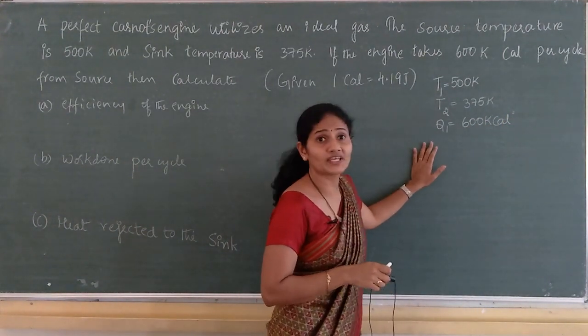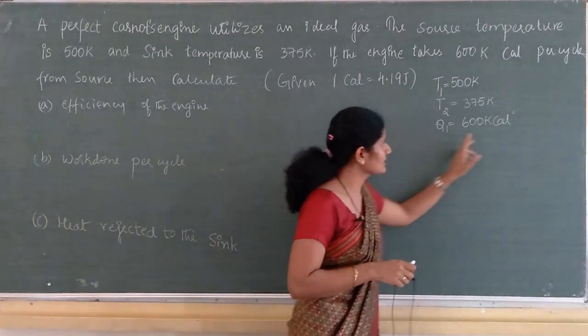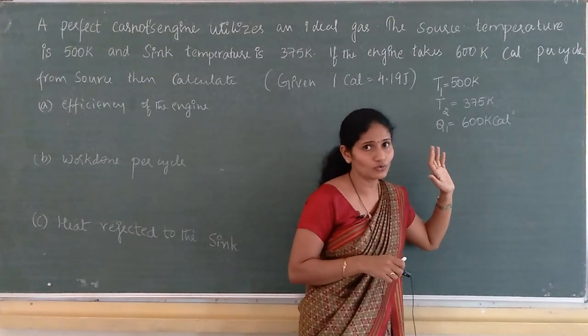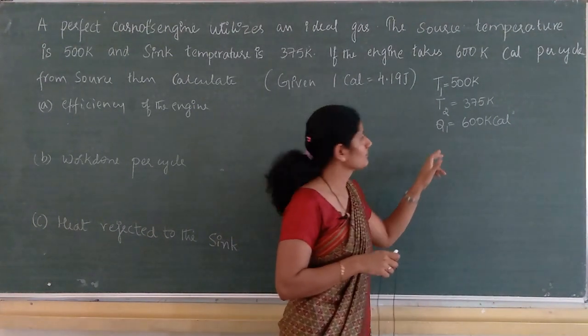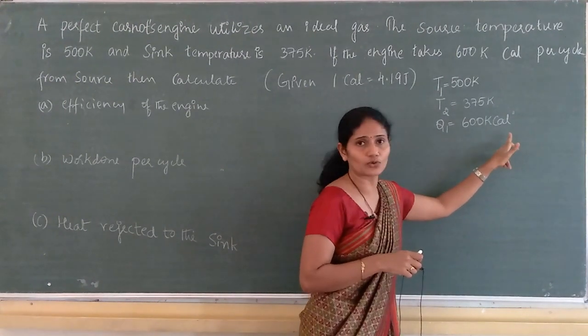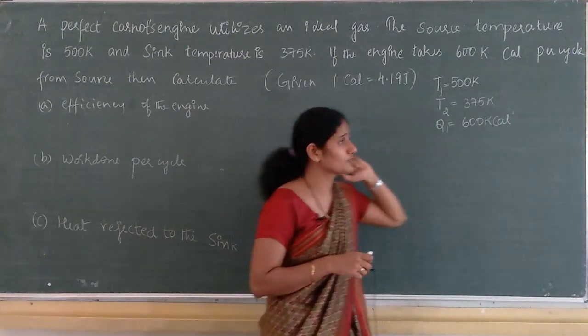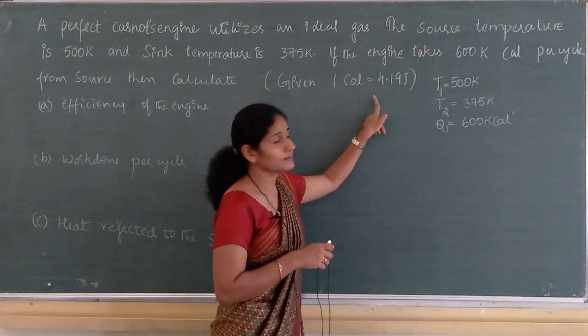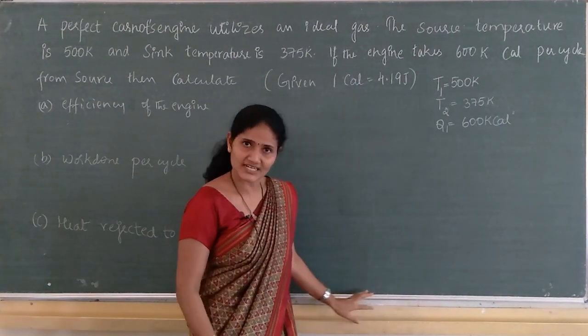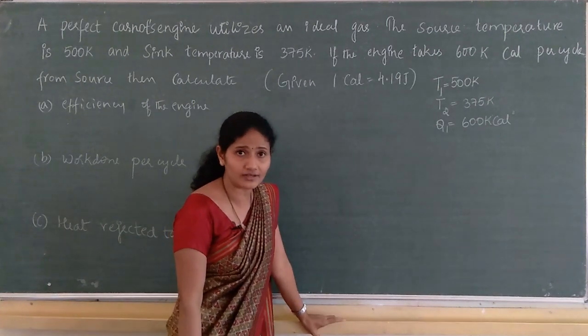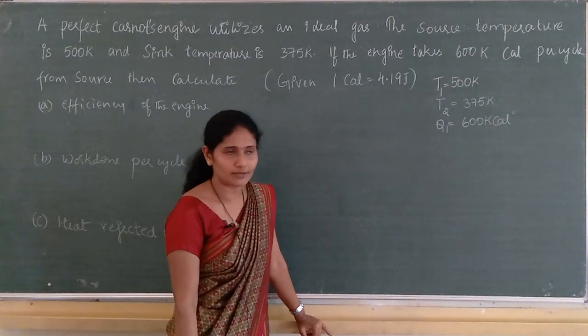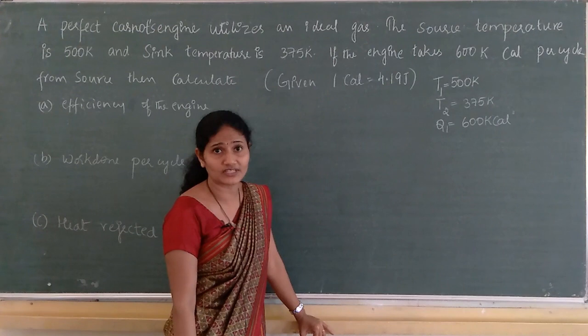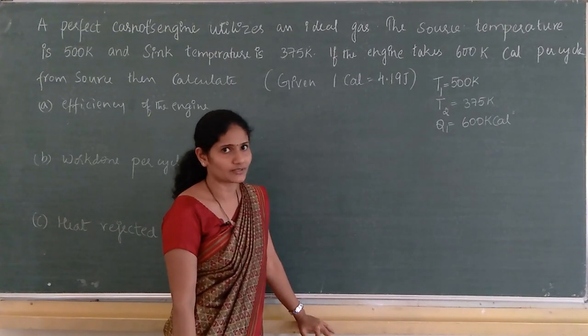So, energy should be in joules, but it is in kilocalorie. What we have to do? We have to convert energy from kilocalorie to joules. How to convert from calorie to joules? They have given one relation. What do you mean by calorie? It is a form of energy. We can measure energy in joules, in electron volt, in calorie.